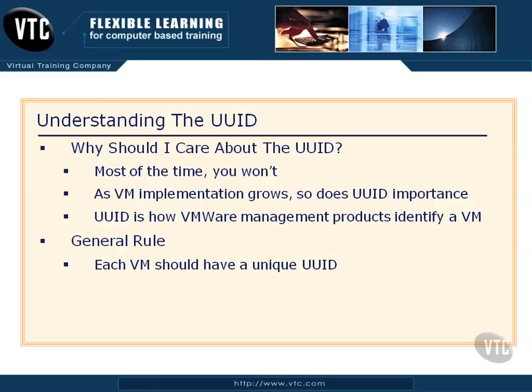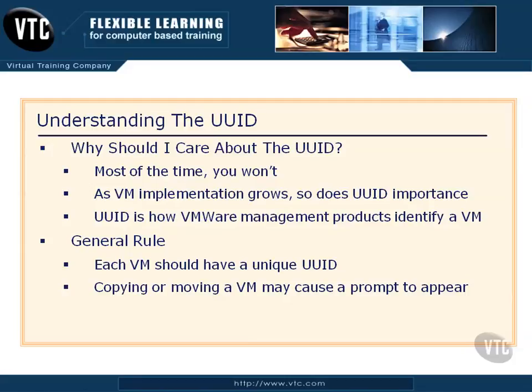Later on, when we get into a more sophisticated network situation, we would. So the general rule is, each virtual machine should have a unique UUID. Now, by the way, if you're working with the VMware Player product, you won't see a UUID because it doesn't automatically generate those, and don't worry about that. But if you ever go looking, that's why they're not there.